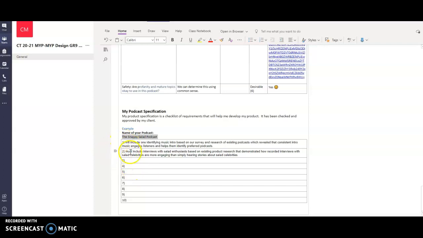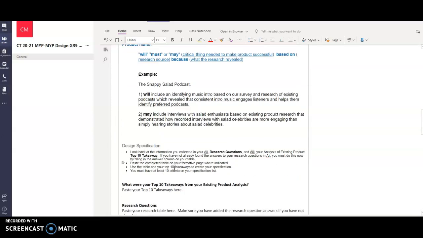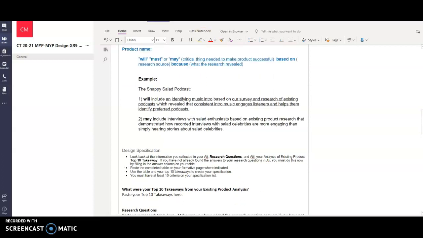Then each one of your criteria below completes that statement. So I would like to incorporate this kind of table, where at the very top I've put state the name of your podcast, and you put your podcast right there. That is going to be your product name at the top.